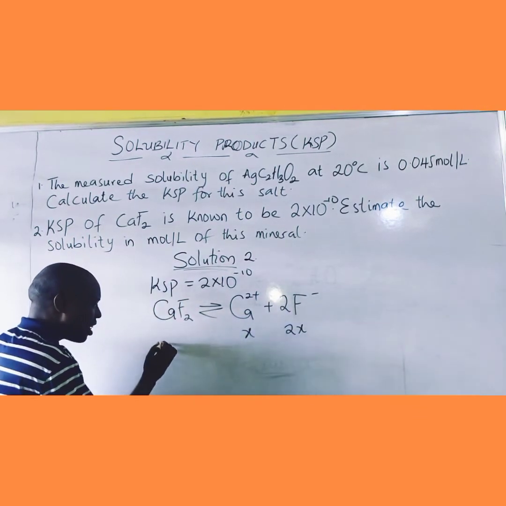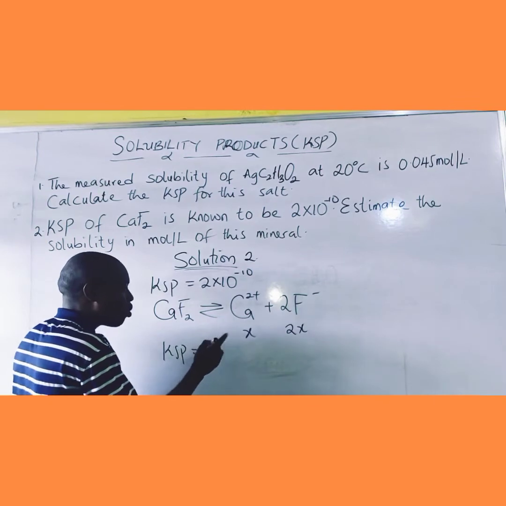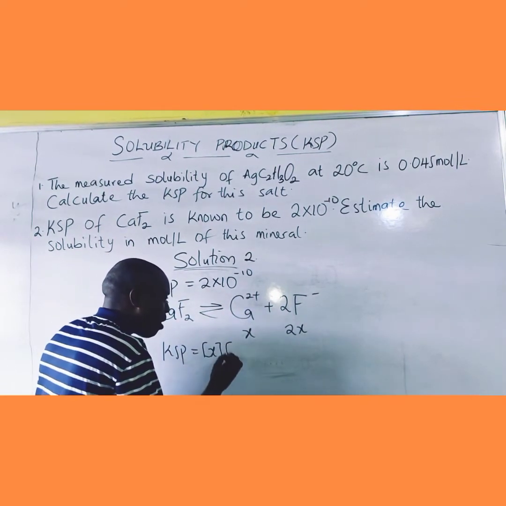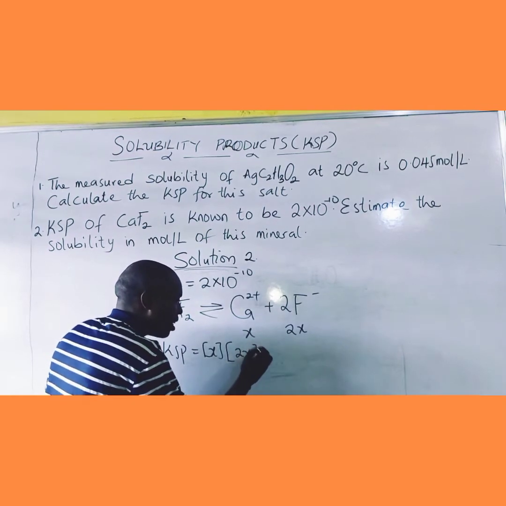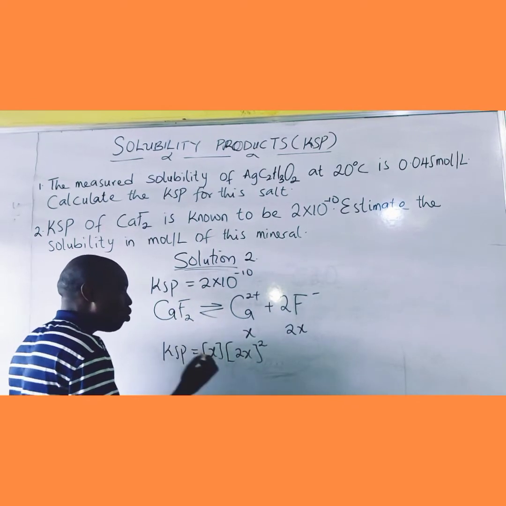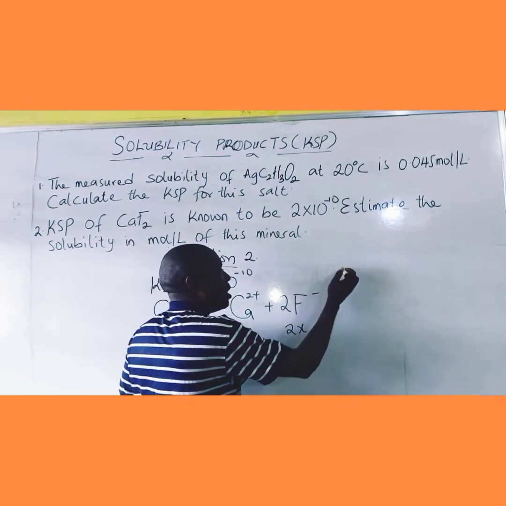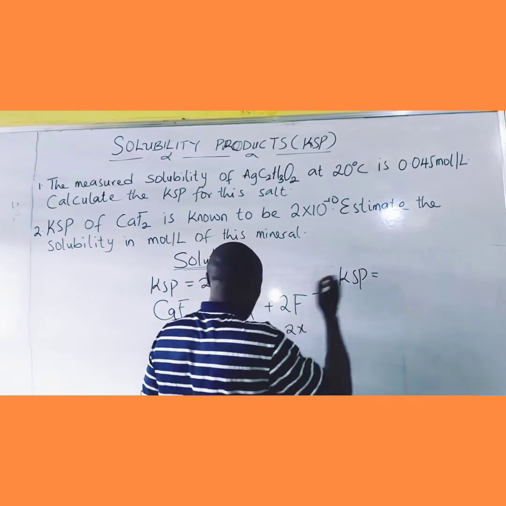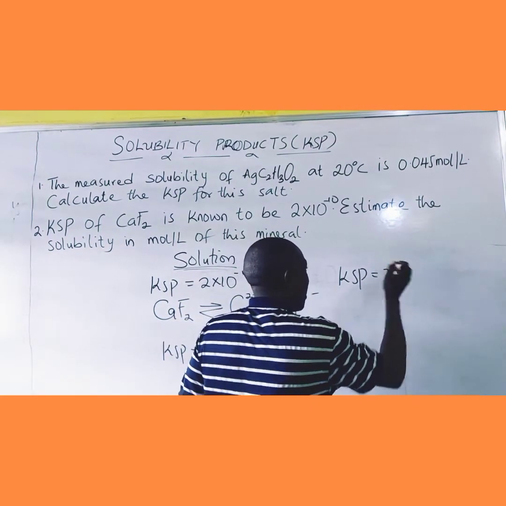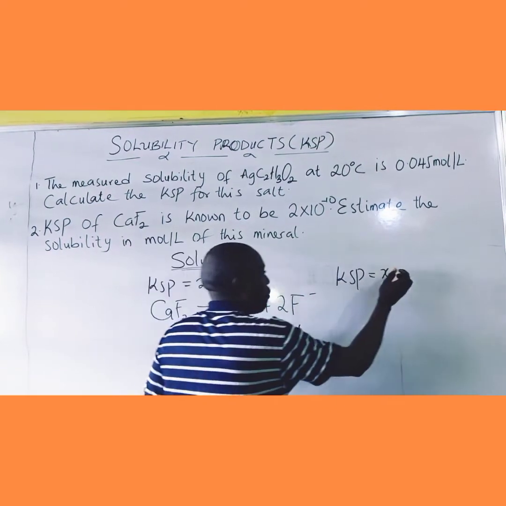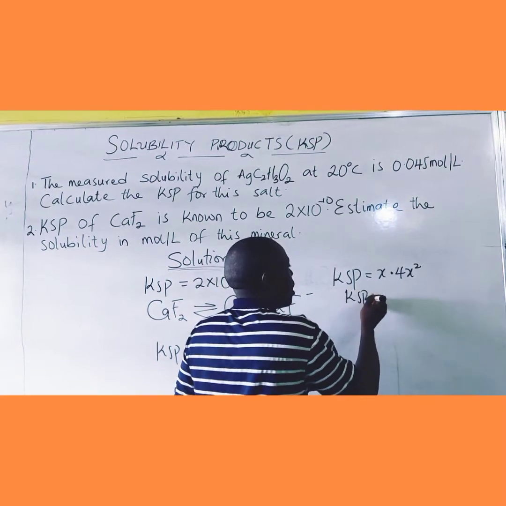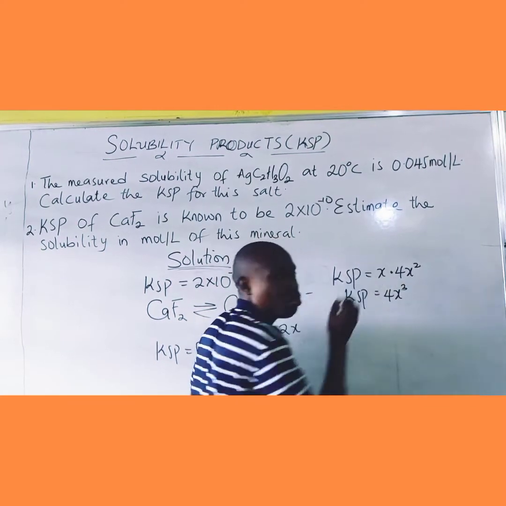Remember that Ksp is equal to the concentration of calcium, X, times the concentration of fluoride, 2X, raised to the power 2. So the Ksp is X multiplied by 2 squared, which is 4, so 4X squared times X, giving Ksp equal to 4X cubed.